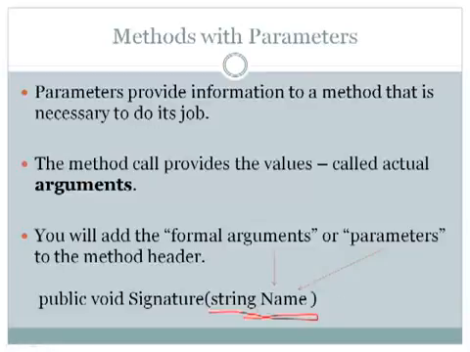And so I may send something over, my call might be signature programming. Programming would be a value that would then go into name, and then name could be used inside this method called signature.